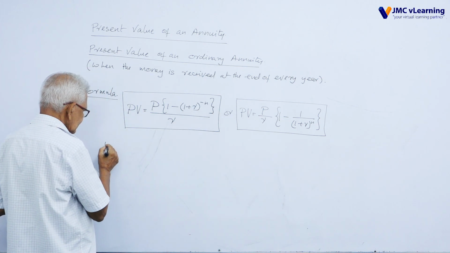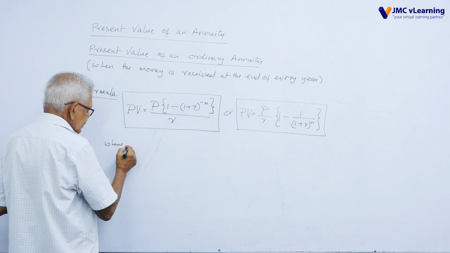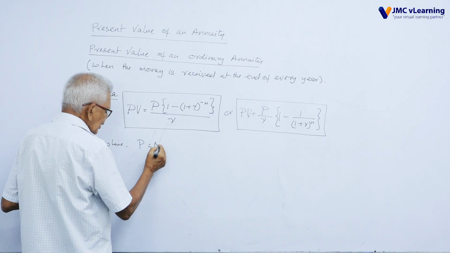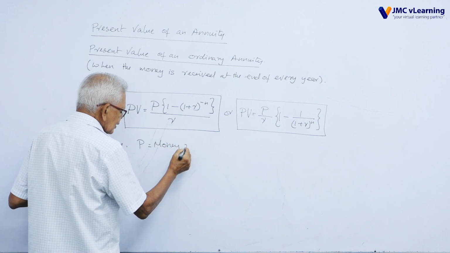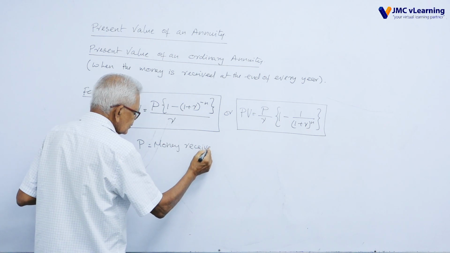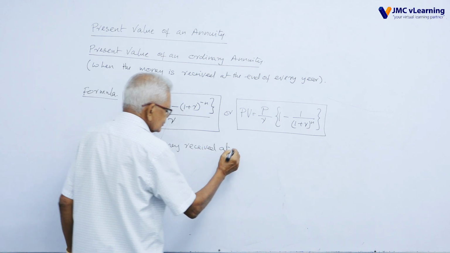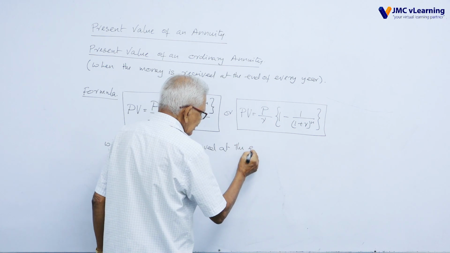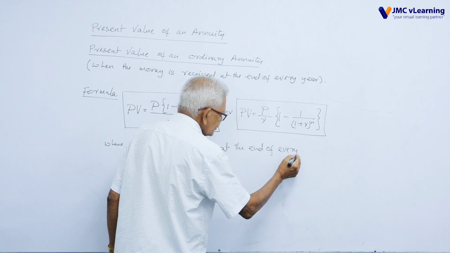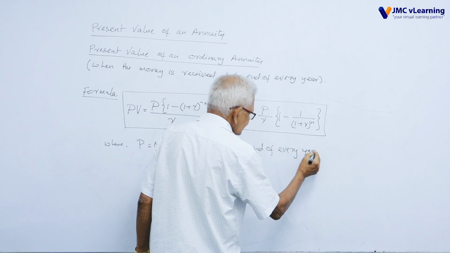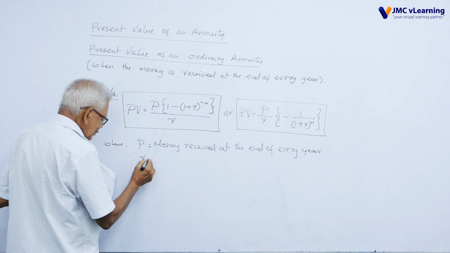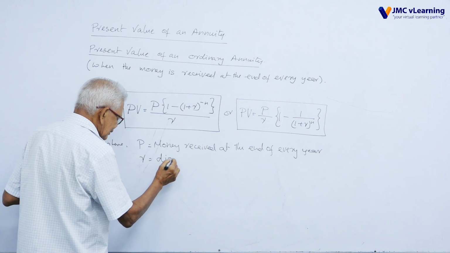First write down where P equal money received at the end of every year. R equal discounting rate.